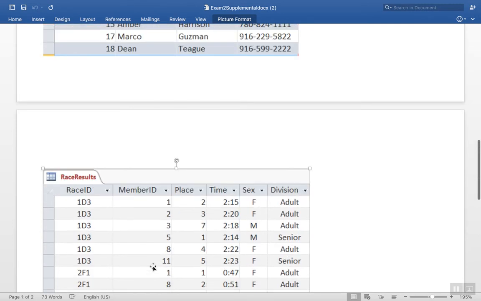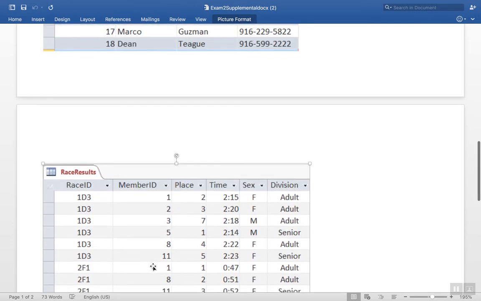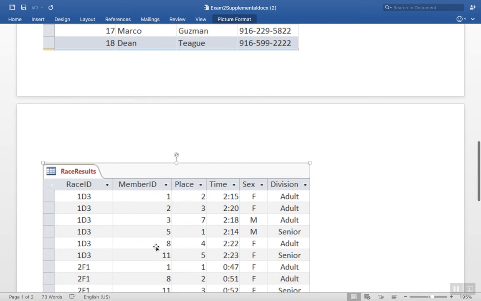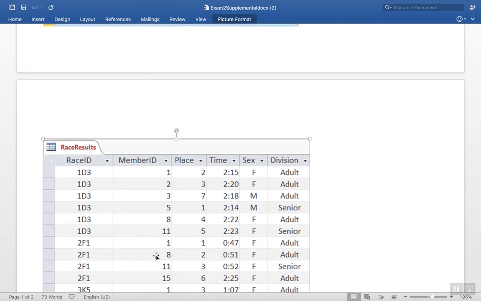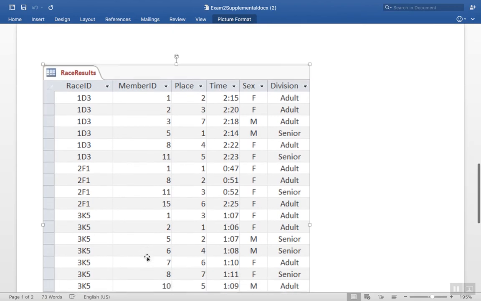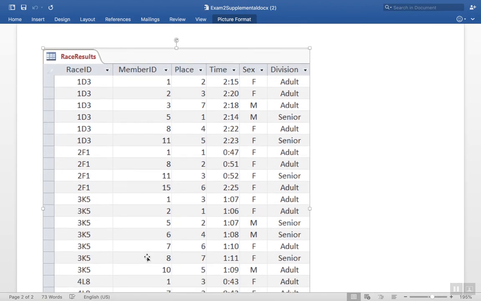Let's look at 8, which is Schooler. Here's 1, so it matches. That's number 5. Here's another 8, also adult, so it's number 6. Now we have another 8 here, but it's actually a senior, so that won't count.